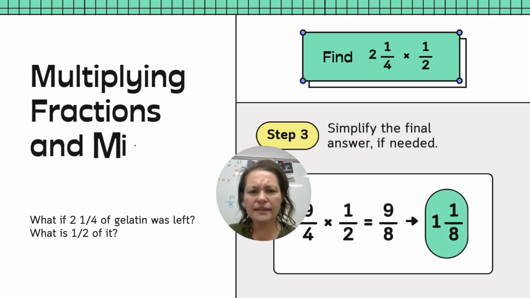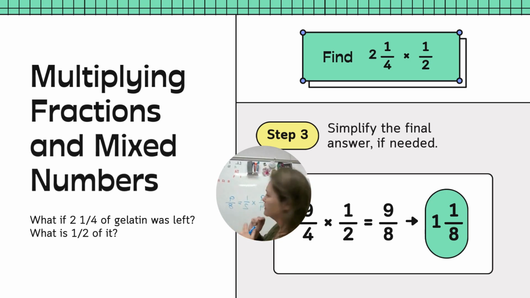But wait, 9/8. Ooh, is that illegal? That's illegal. You can't hand that in to me. You need to simplify that final answer. So, what does 9/8 mean? You have 9 parts out of something that's only 8 parts, right?